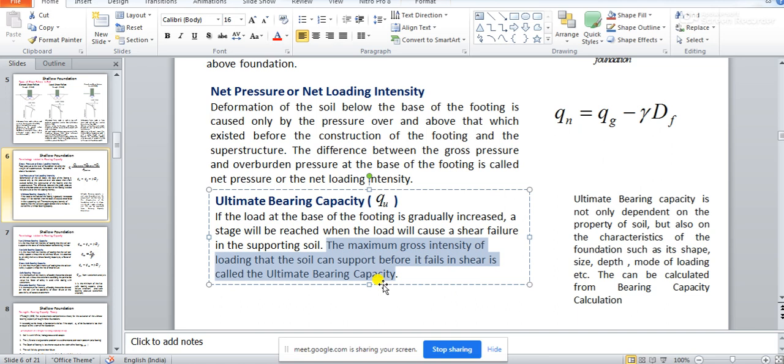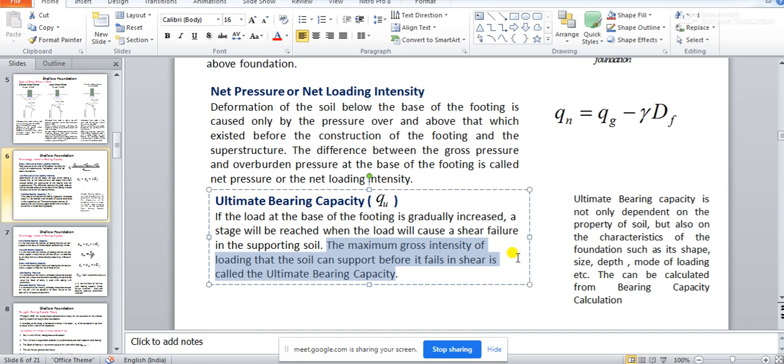When the gross load intensity comes to such a level that it fails the soil underneath the foundation in shear, that much gross load intensity will be termed as the ultimate bearing capacity of soil, and that will be called QU.